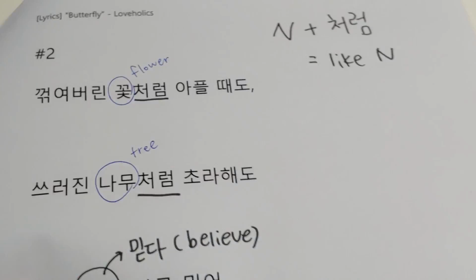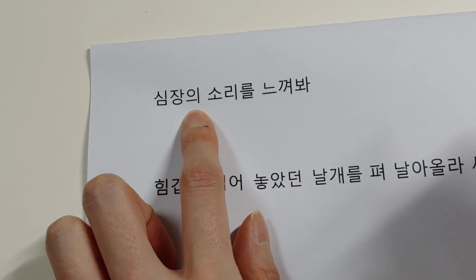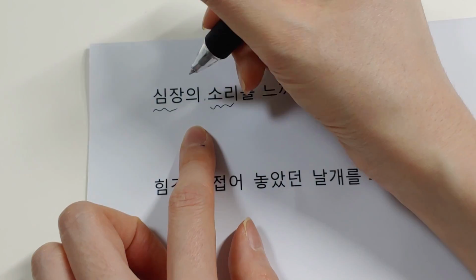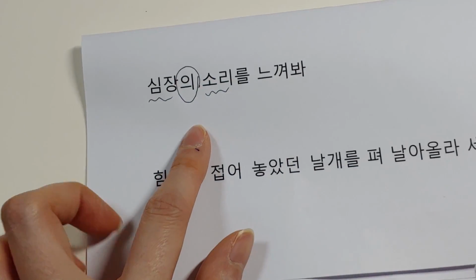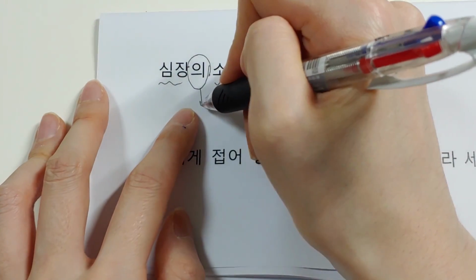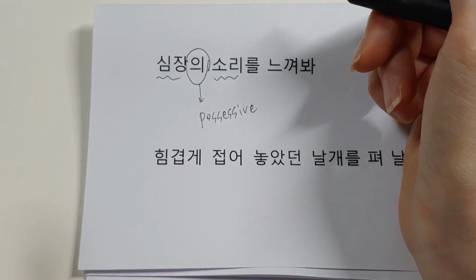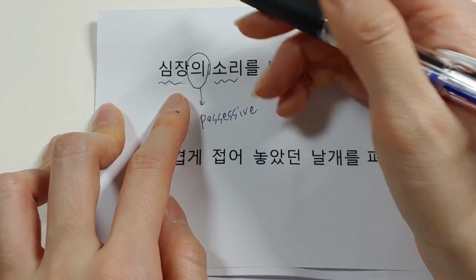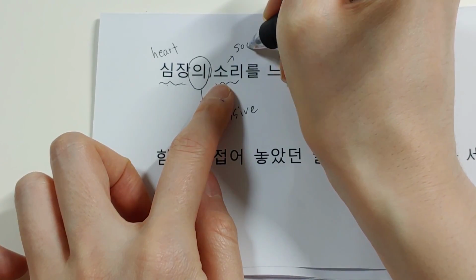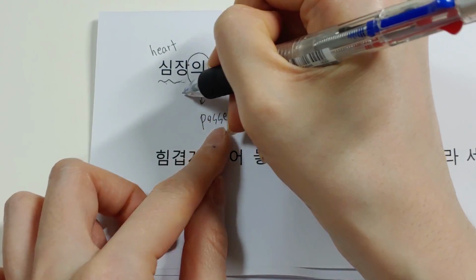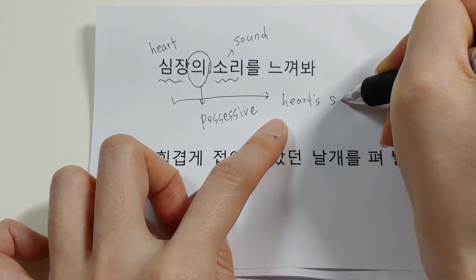Okay, so our very last vocabulary would be 심장 and 소리, because I want to see if you remember this postposition, this particle. Do you remember what it meant? So it's a possessive particle, which indicates the possession of the noun. So 심장 means heart, and 소리 means sound. So 심장의 소리 means the heart's sound, right?